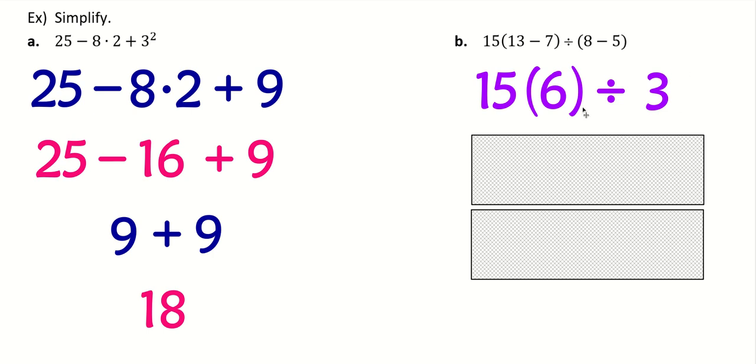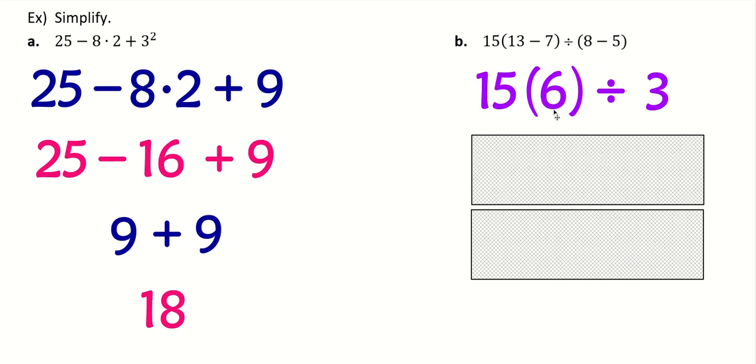The parentheses here around the 6, I'm sure a lot of people kept that because now we're about to do 15 times 6. Using parentheses around the 6 is not the only way to show that we're doing multiplication. You could have dropped these parentheses and just put a times dot, but whatever.